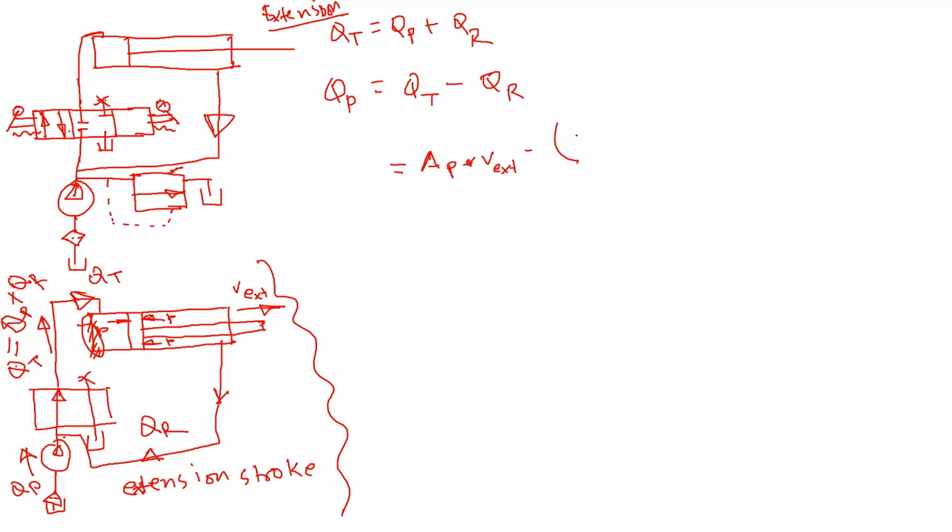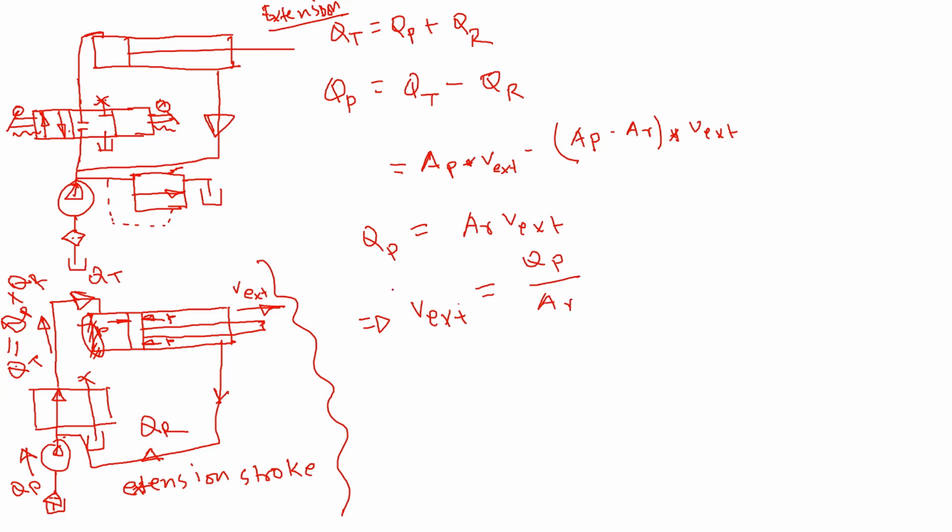We can calculate the area of the rod end, which is the area of the piston minus the area of the rod, times the velocity of extension. Now this one cancels, I will have AR times velocity of extension, so that's QP. Now if we calculate the velocity of extension, that's going to be equal to QP, the pump flow, divided by the rod area.